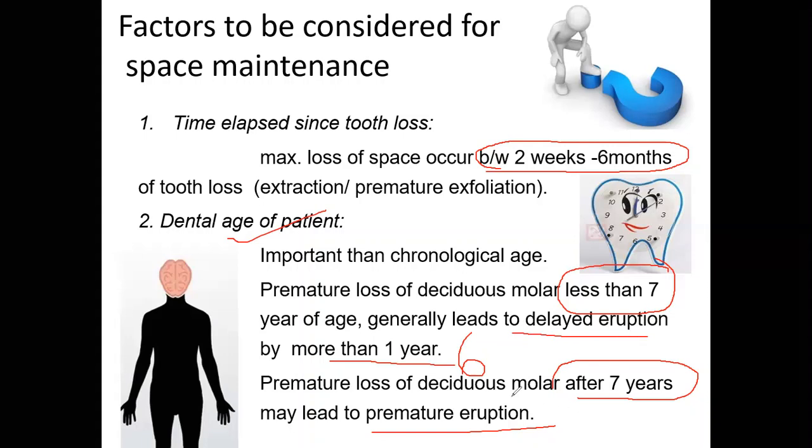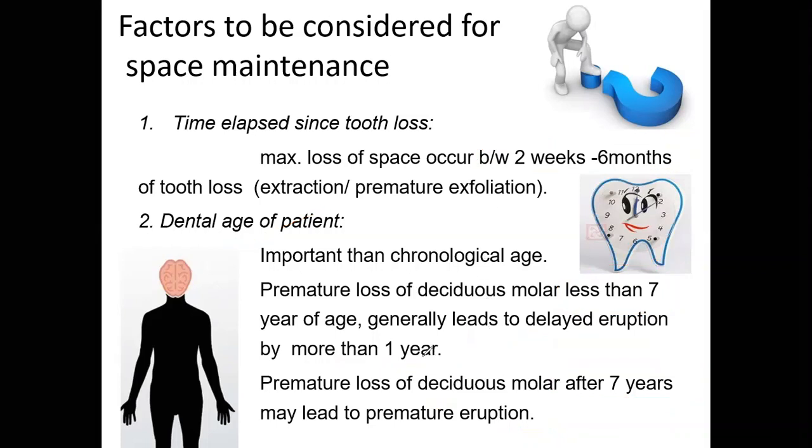But if the deciduous molar is exfoliated after the age of 7, then there will be premature eruption of the permanent tooth which is going to erupt at that space. So please do concentrate on these 2 points. I hope I have cleared it to you, and please read it once again, then you will understand what I'm trying to explain.